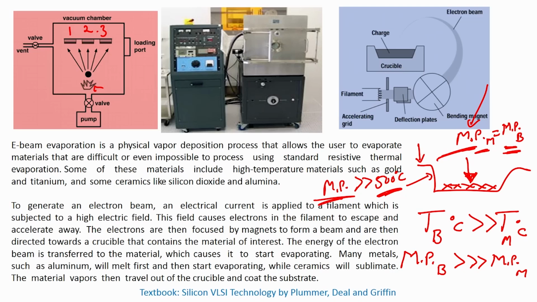Two different metals I will be depositing. That is why in such cases, where the melting point of the material loaded inside the boat is close to the melting point of the material from which the boat is made, we cannot use a thermal evaporator.